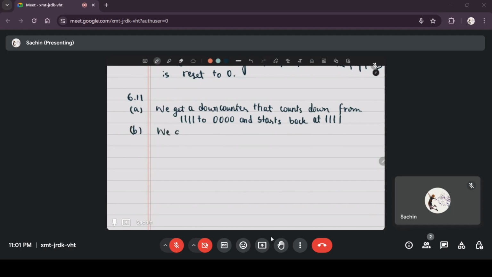If you connect the complement of the outputs of the flip-flops to the clocks, you get an up counter that counts up from 0000 to 1111 and starts back at 0000.